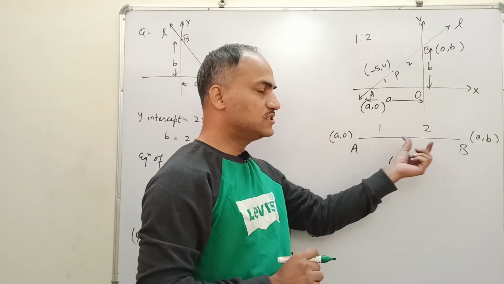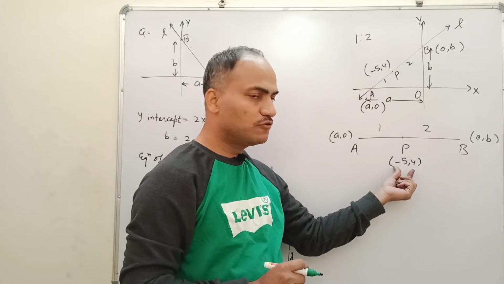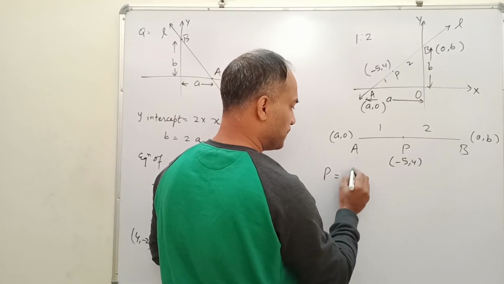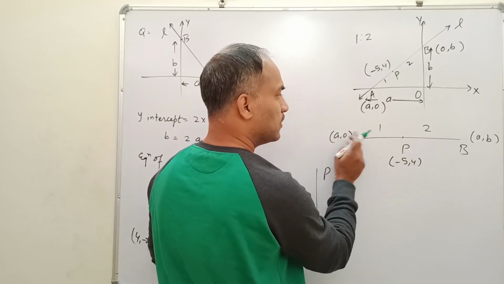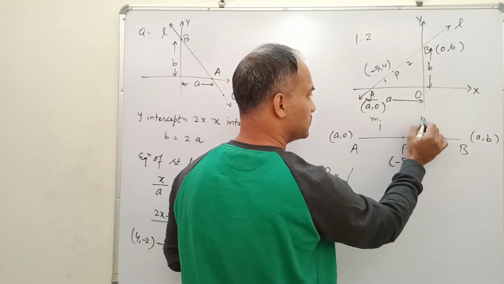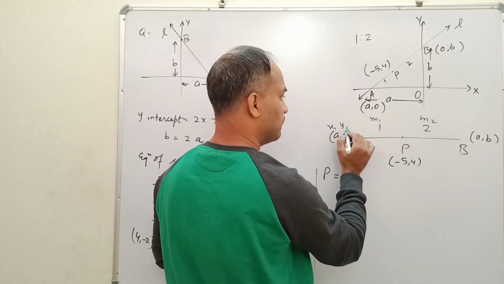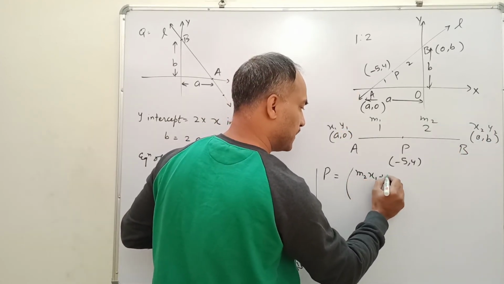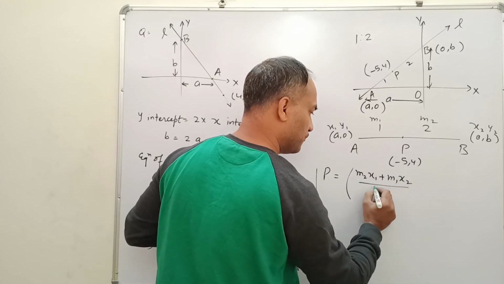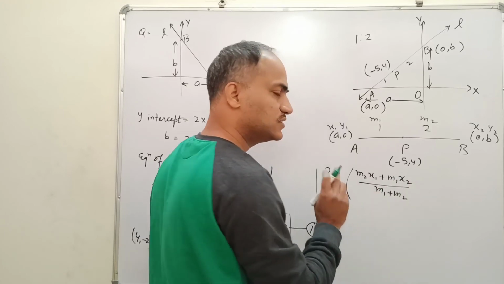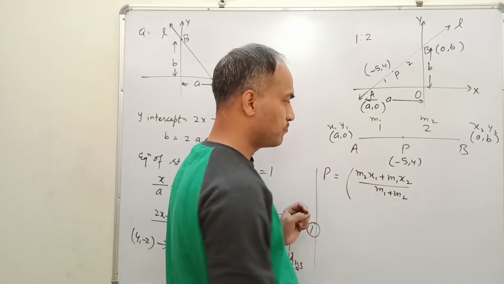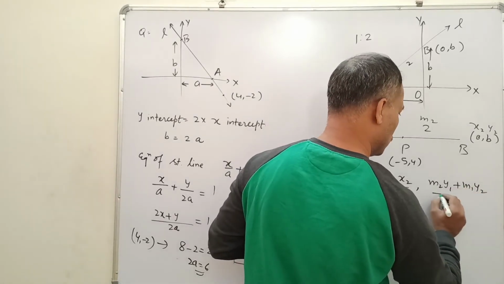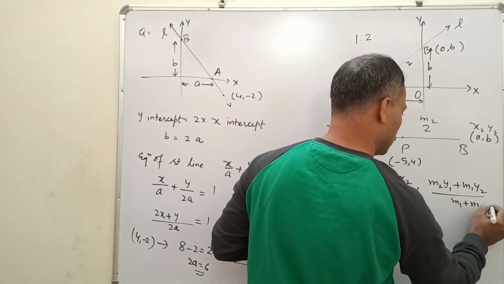With the help of the internal division formula, we can find the coordinates of P. Here this is m1 and this is m2, with (x1, y1) and (x2, y2). The formula says (m2x1 + m1x2)/(m1 + m2), and similarly (m2y1 + m1y2)/(m1 + m2).